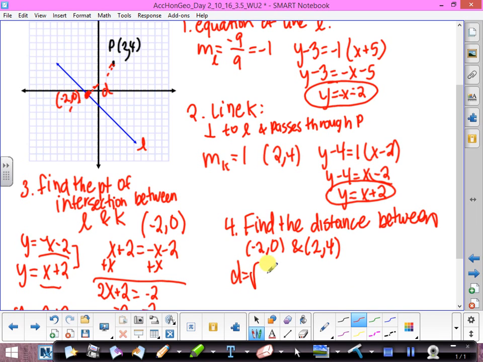So we're going to have, remember it's x2 minus x1 squared, so 2 minus negative 2 squared plus y2 minus y1 squared.